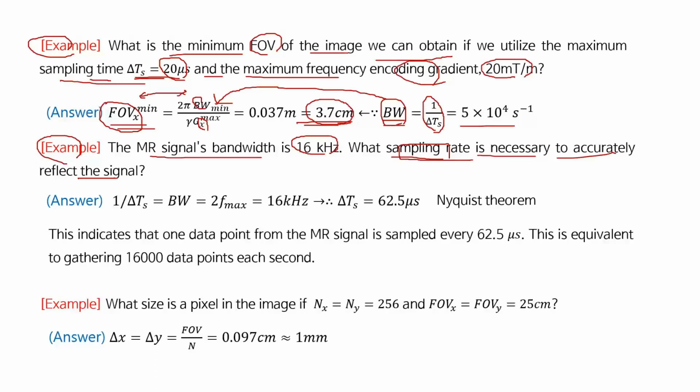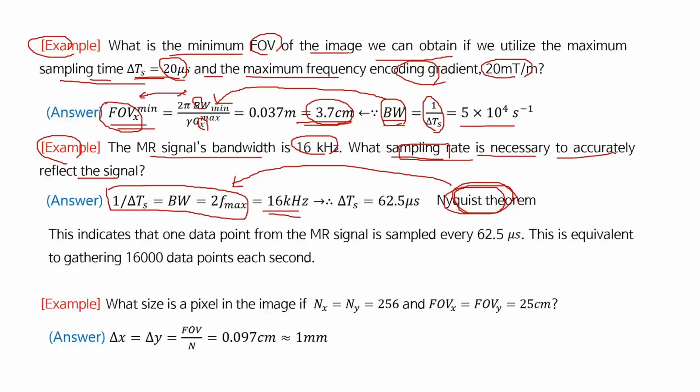So the Nyquist theorem gives that the sampling rate should be equal to the bandwidth. This is given by the Nyquist theorem. So this is 16 kHz, so we can get the sampling time.